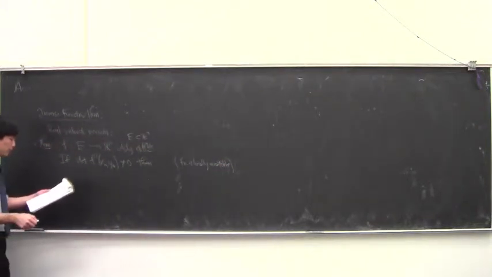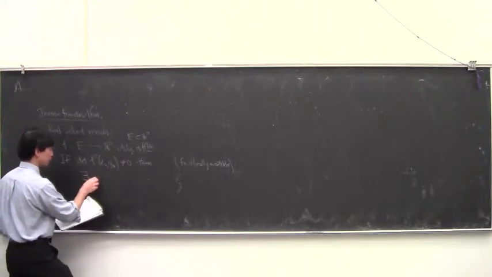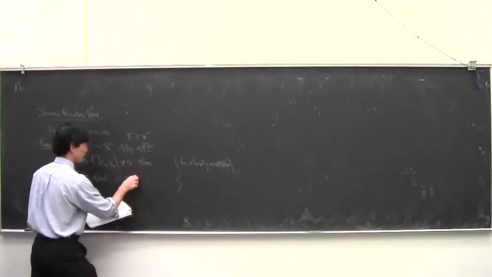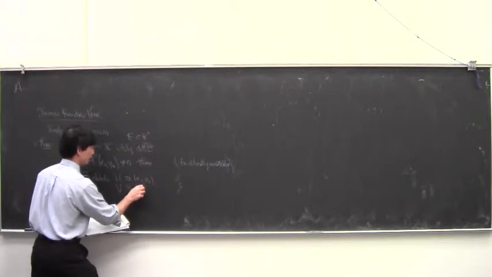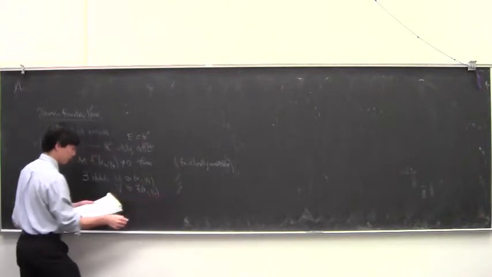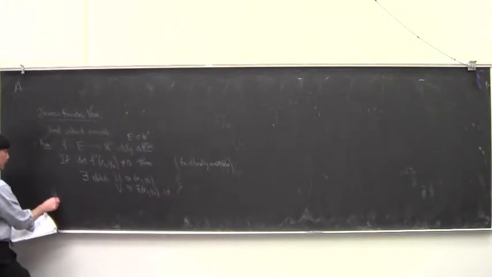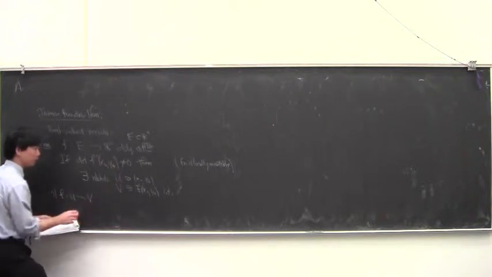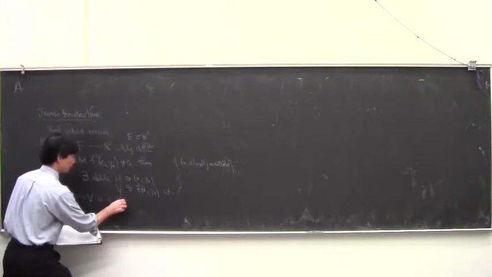More precisely, there exist neighborhoods U containing (x naught, y naught) and V containing f of (x naught, y naught), such that if we think of f going from U to V, it's a one-to-one onto map.